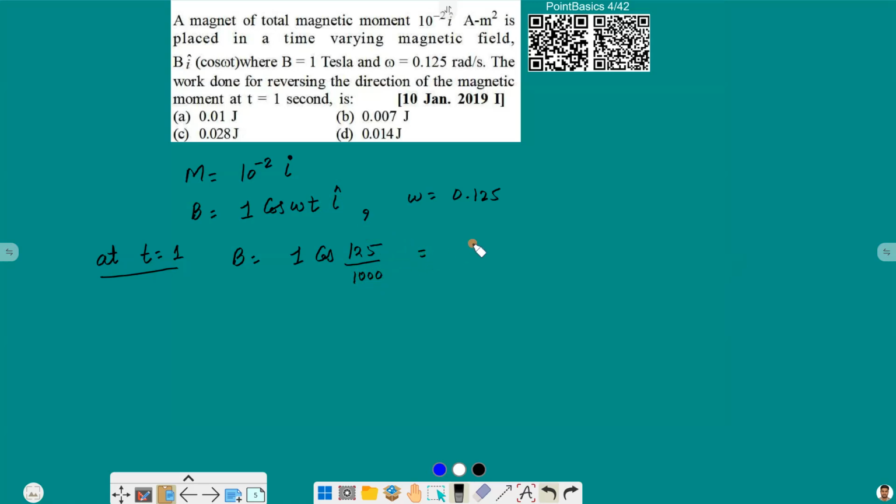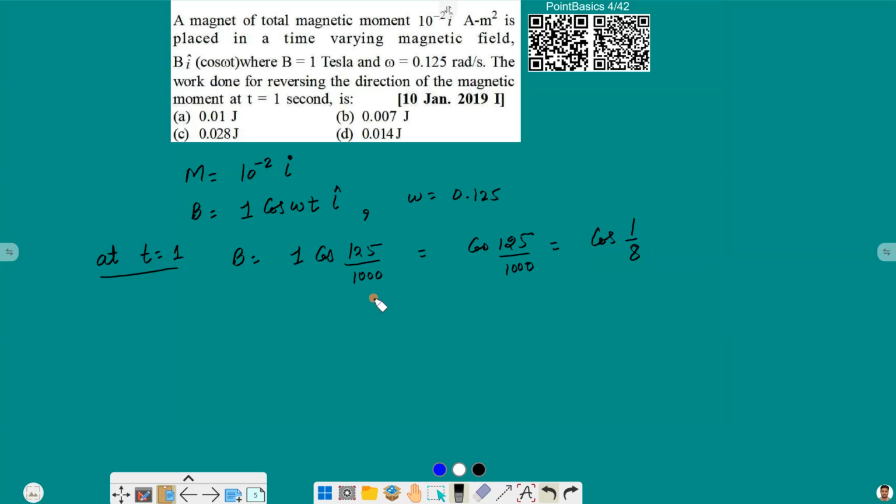So it is equal to cos of 125 by 1000, and we can write it like 5 by 40, that will be 1 by 8. Yes, 1 by 8. So cos of 1 by 8. So this is the value of magnetic field at t is equal to 1.